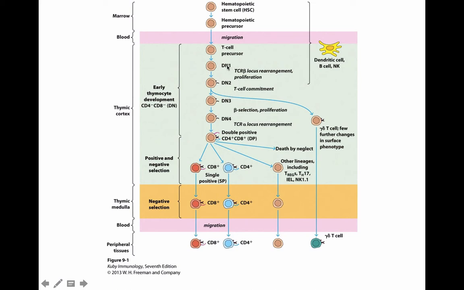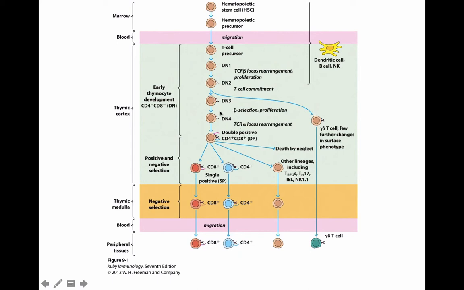That means that once you get one that has successfully rearranged the TCR, you can get multiple copies of it with slight variations, and then they can all move into the double negative phase, which is where they have now committed to be a T cell. They don't really start expressing or proliferating a lot until they get into the double negative 3 stage, and that's where beta selection is able to act upon those cells.